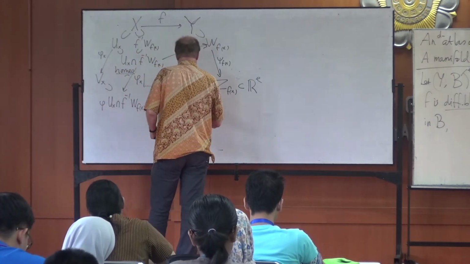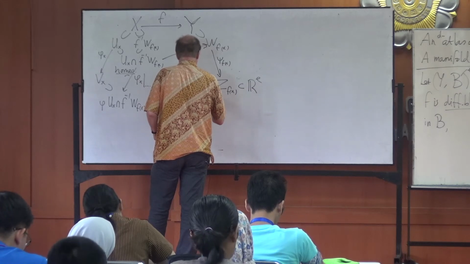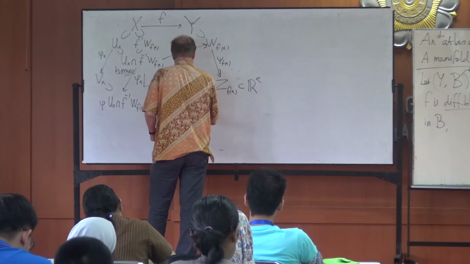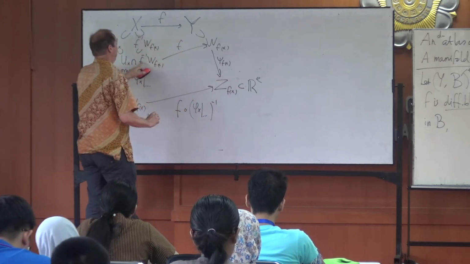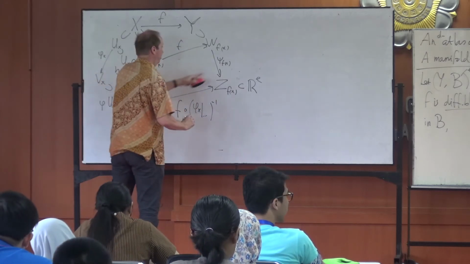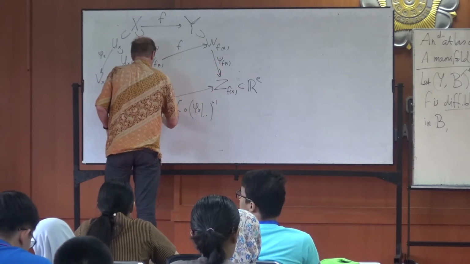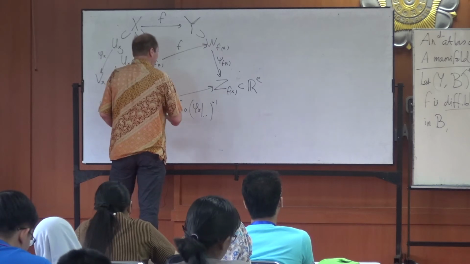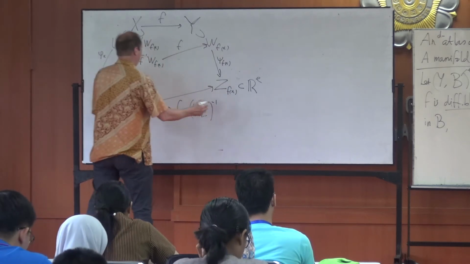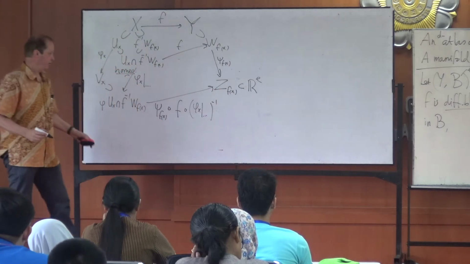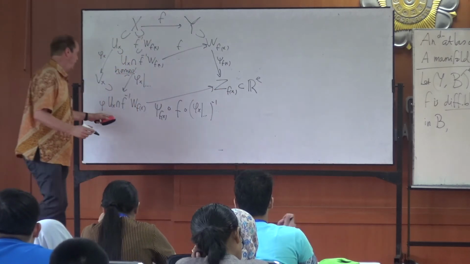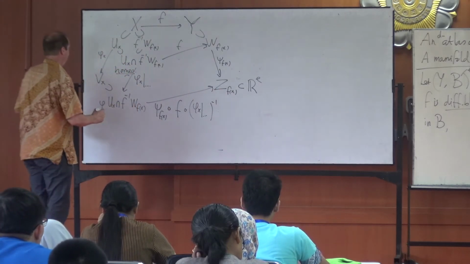So I do phi_x restricted to this open set inverse, and then I do f restricted to this set, and then I do the psi of f(x), which I don't need to restrict, and this goes from here to there. And that is a map from an open subset.